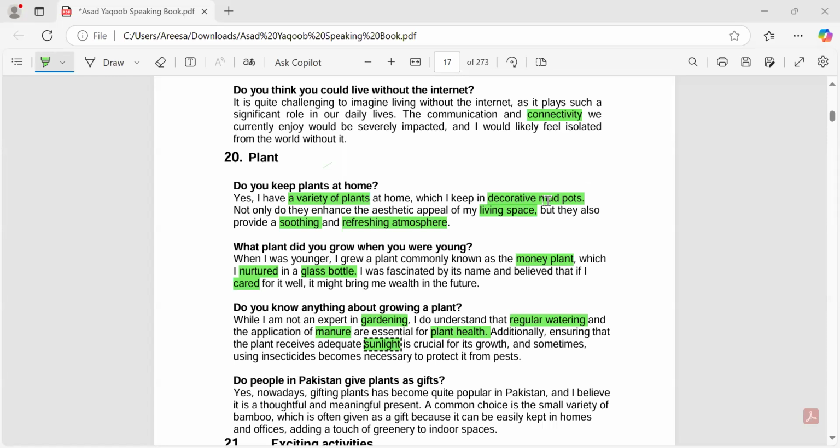Ma'am, I think we shouldn't mention vegetables here because there's a lot of difference between plants and vegetables. If we mention plants and their variety, like flowers and fruits, I think that would be suitable here. Vegetable is quite another species as compared to plants.